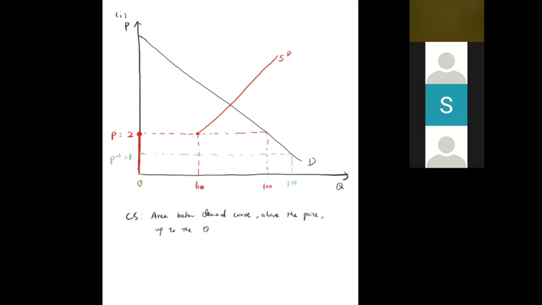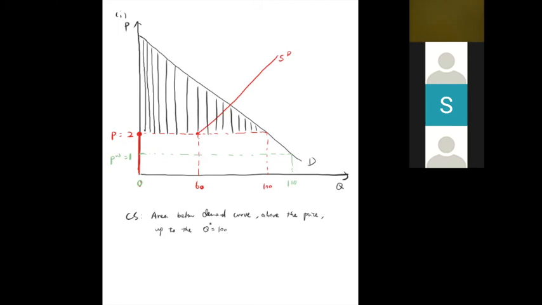And here we know that the equilibrium quantity is actually 100 because the domestic suppliers give 60 units and they purchase 40 units from the international markets. So for consumer surplus, the black shade is just the area above the price they pay, which is $2, and below their demand function, and up to the units that they could consume, which is 100.